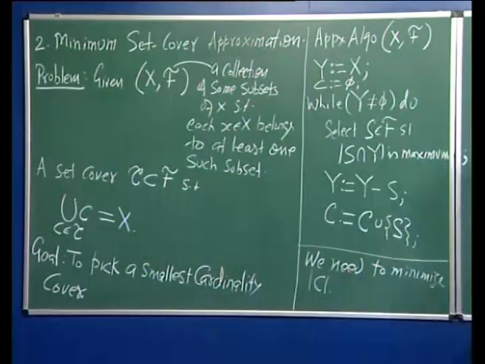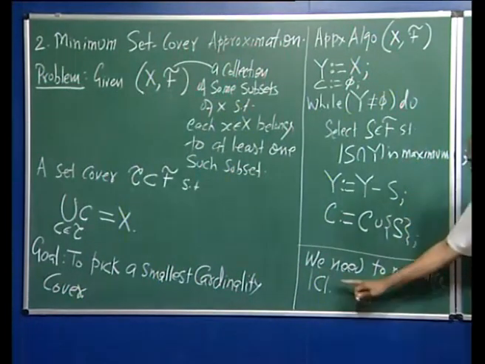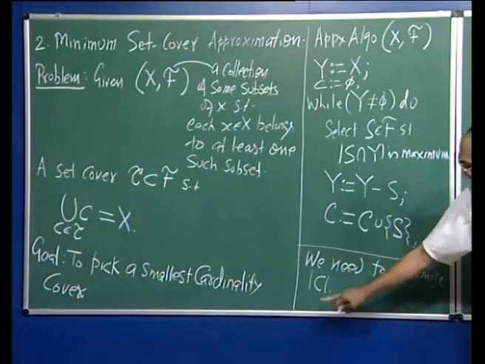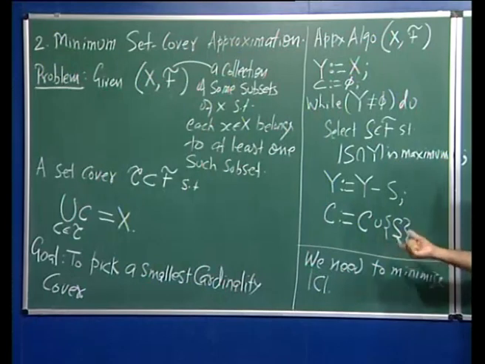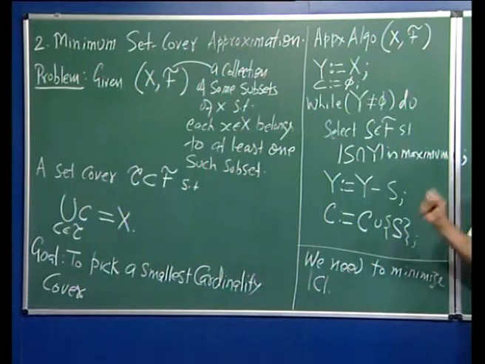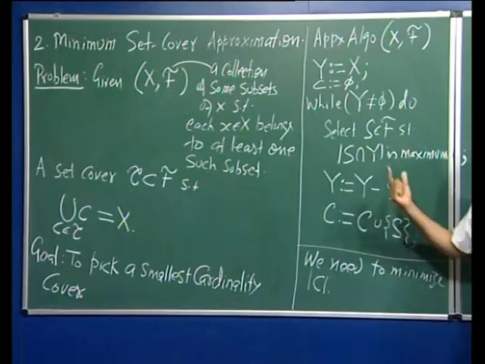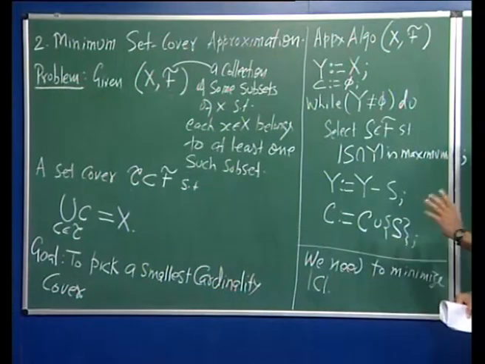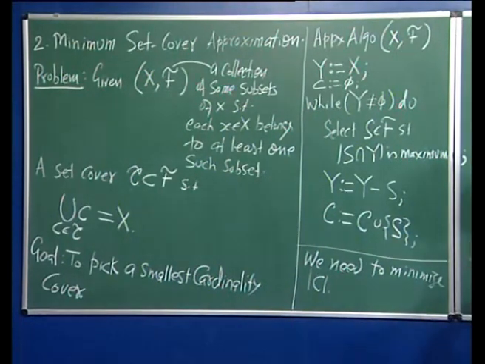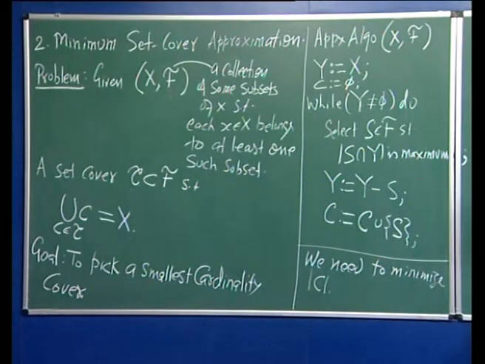That was the goal. So, every time I picked up a set, I have incurred one additional cost. In my analysis, I am going to distribute that cost uniformly over those elements which have newly been covered. So, instead of taking the cost associated with S, I am going to put that unit cost on those elements which were newly covered in this.